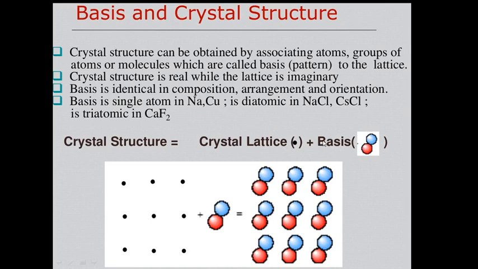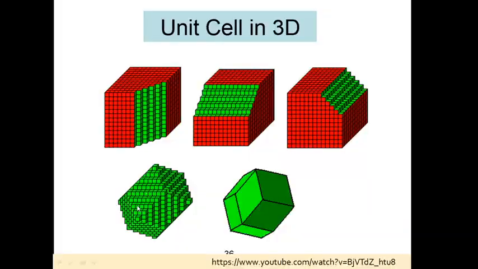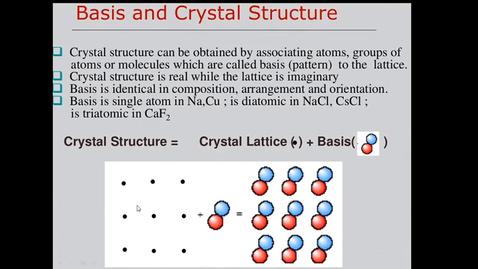So this is another word you are learning in crystal physics, or condensed matter: basis. Basis means it could be a single atom, or a group of atoms, or a molecule. So a basis is located at your crystal space or lattice space, and that is known as a crystal structure. As I said, a lattice is basically just points in space represented with coordinates.